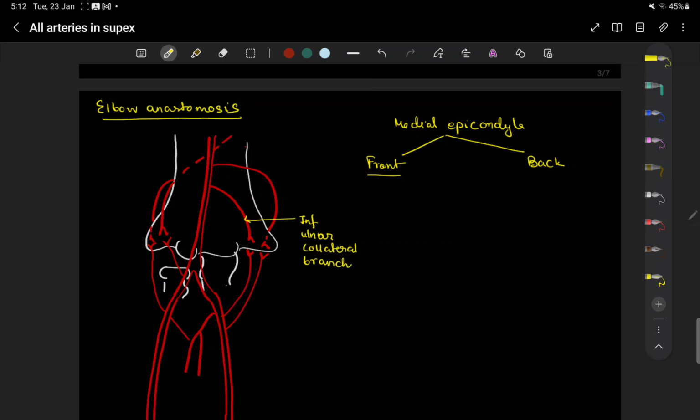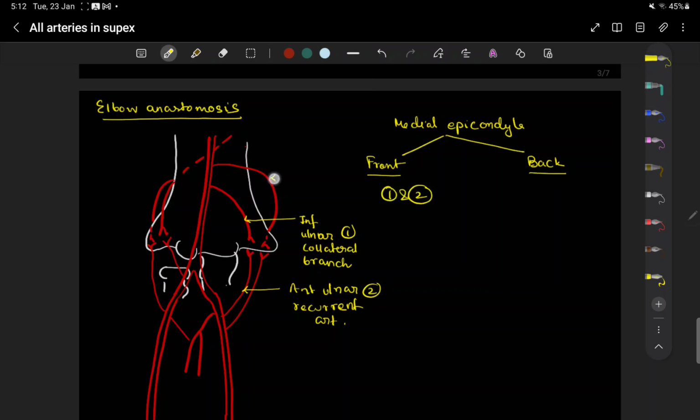So it will end up anastomosing with this one, that is the anterior ulnar recurrent artery. ठीक है. So 1 and 2 would be the anastomosis present at the front.